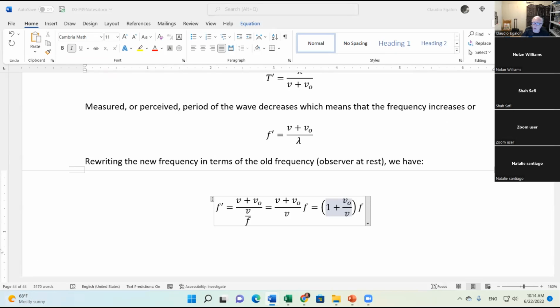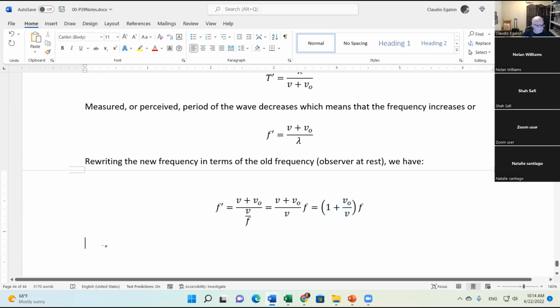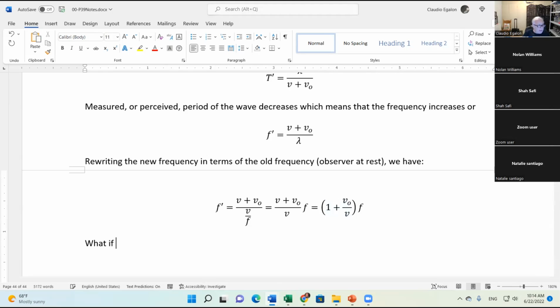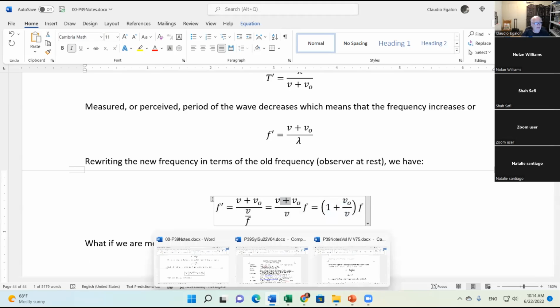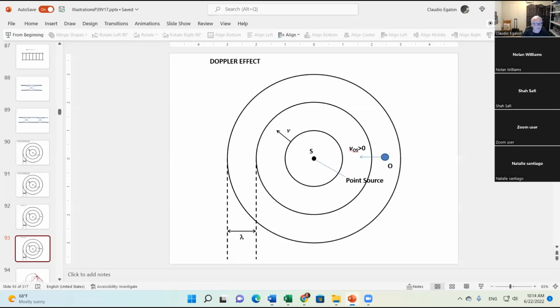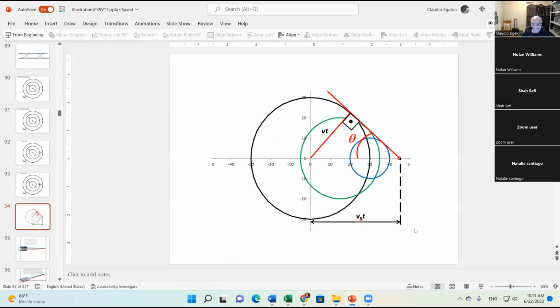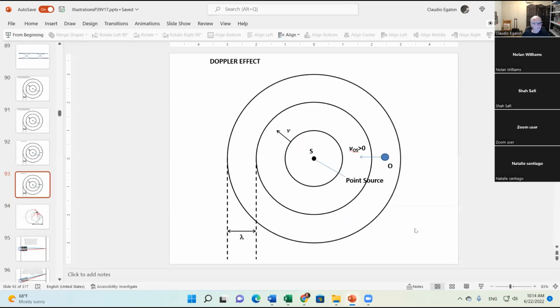What if we're moving away from the source? Well, all you have to do is change the sign right in here. I don't have a drawing for that.